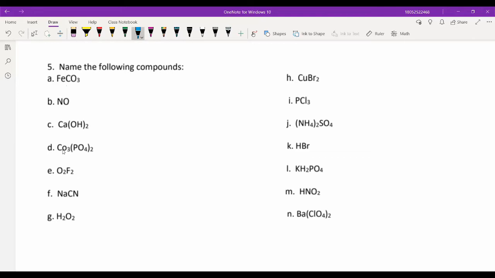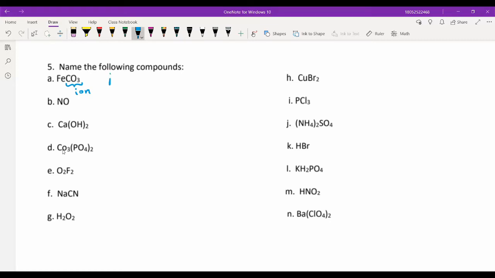You're going to need to memorize the polyatomic ions eventually, but at least start to look at the list and recognize those as being an ion. Any polyatomic ion means it's going to be ionic, as the name says. Also, if there's a metal involved, it's going to be ionic. So these are all signs pointing towards an ionic compound.